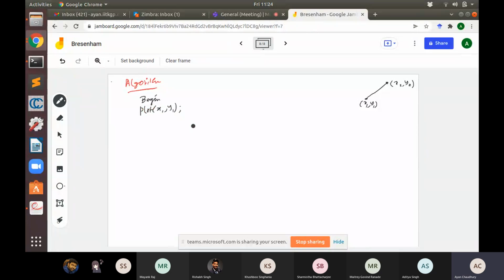Okay, in the next case, this is my x, and we try to increment this, right? So 1, 2, 3, 4, and so on.